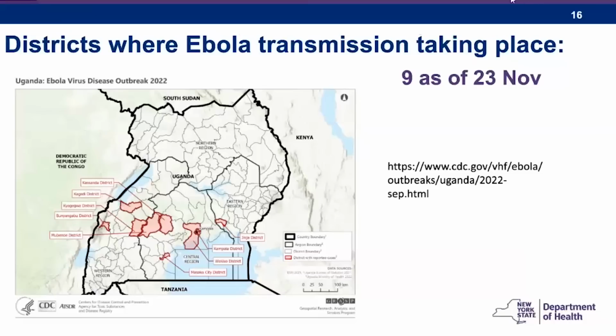The main thing we see is there are 9 districts where Ebola transmission is taking place. Most of these are to the west of the capital, but there are other areas in Uganda where we are seeing cases. Some of these districts have had more cases than others, but in general, it's a smart thing to do to bookmark this particular website, to be able to take a look and see if people had traveled to these particular areas.